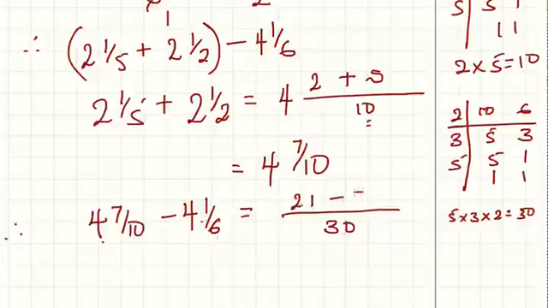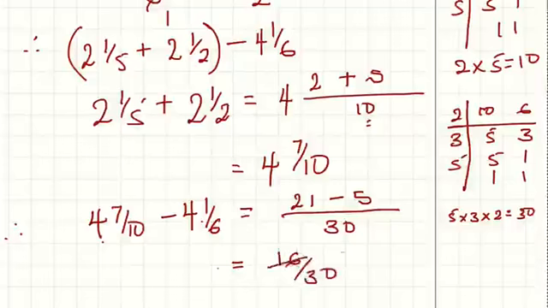So minus 5. This one will give us 21 minus 5, which is equal to 16 over 30.